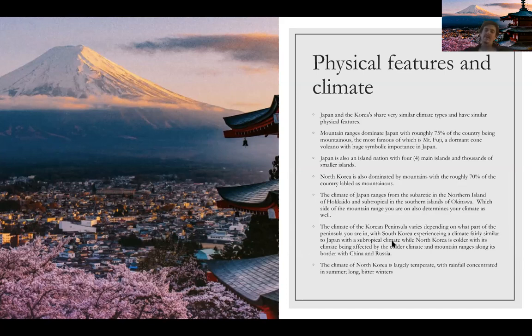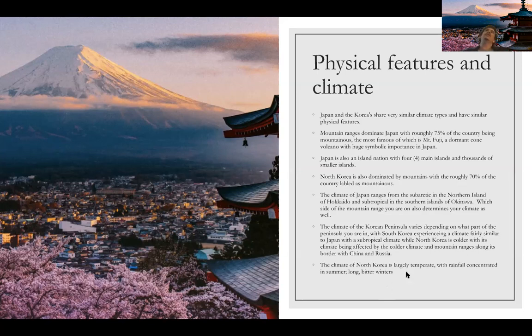The climate of the Korean Peninsula varies depending on what part you're in, with South Korea experiencing a climate fairly similar to Japan with a subtropical climate, while North Korea is colder, with it being affected by the colder climates and mountain ranges along its border with China and Russia.